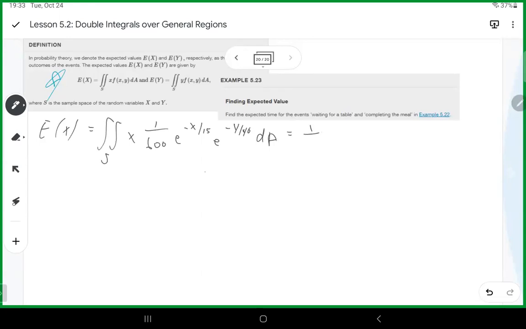So then pull the 1 over 600 out, you have 0 to infinity because you could potentially wait forever to get seated and wait forever to finish your meal. Not that I think people would do that, but technically it's available. So 1 over 600.